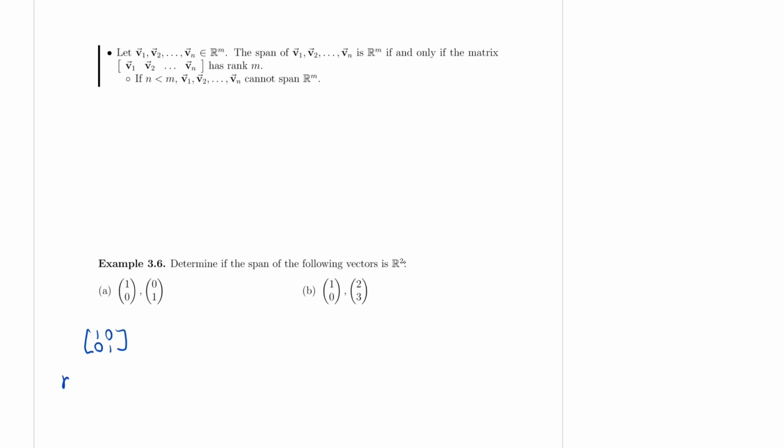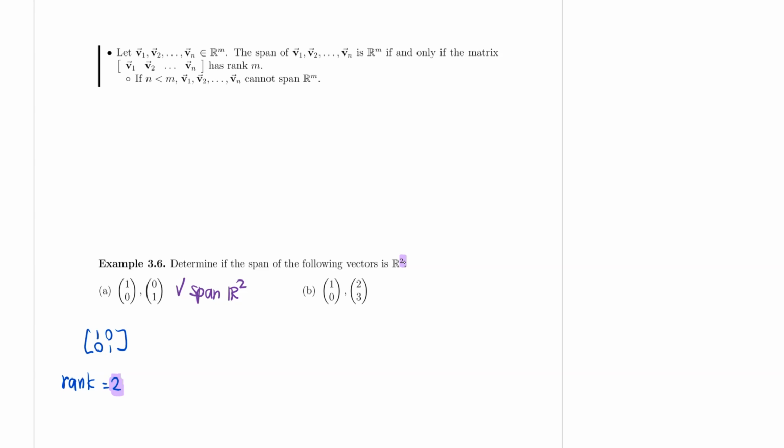Indeed, the rank of this matrix is 2, which is the same as the value m up there. So m here is 2, and I can guarantee that this spans R^2 for sure.